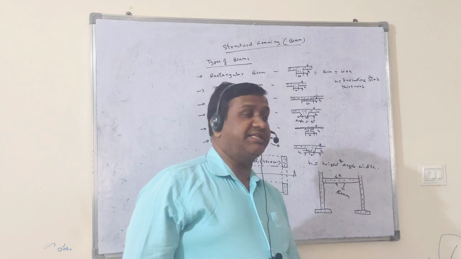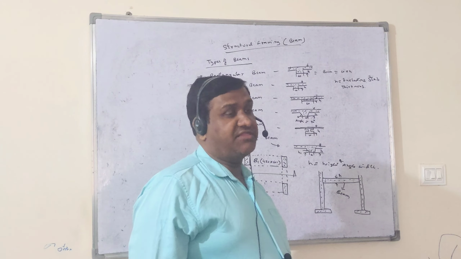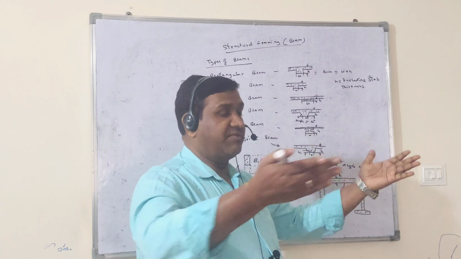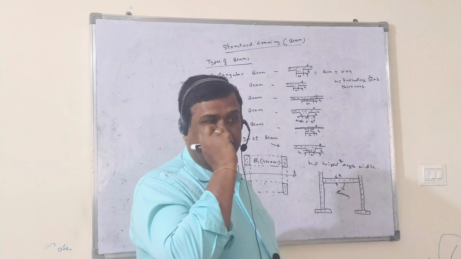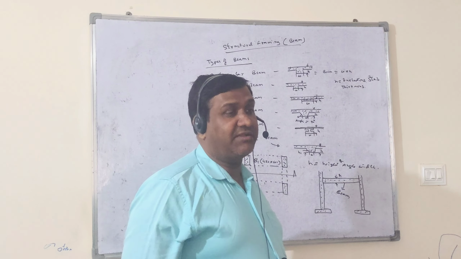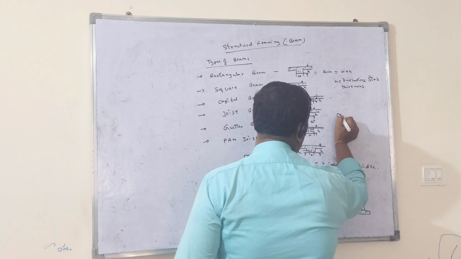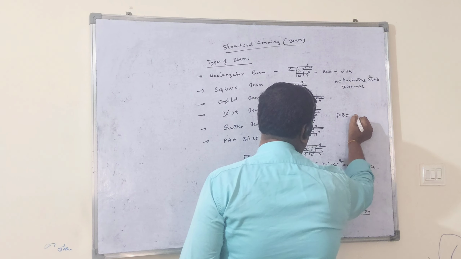Some people call it a tie beam, TB, and some people call it a plinth beam, PB. PB is nothing but plinth beam.